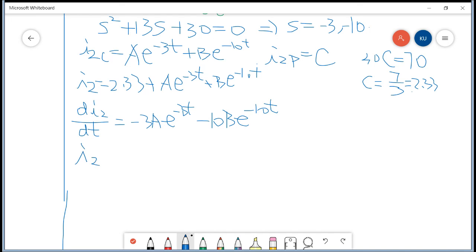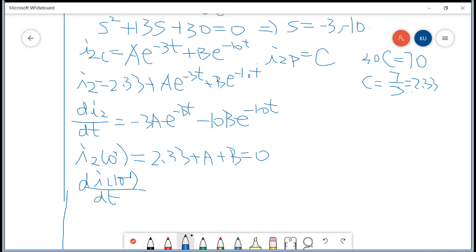So I2(0+) is 2.33 plus a plus b, which is 0. And then di2(0+)/dt, which is minus 3a minus 10b, is also 0.